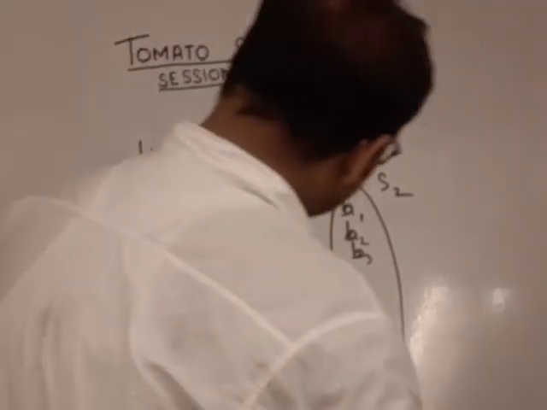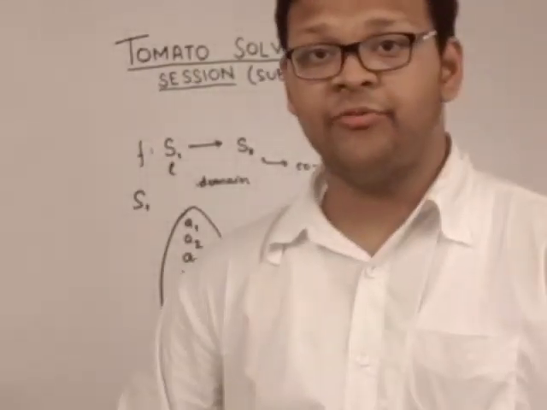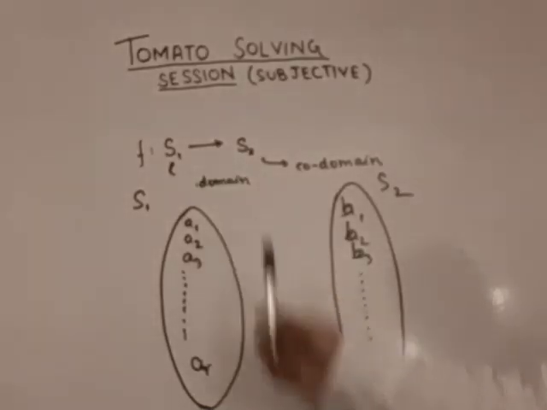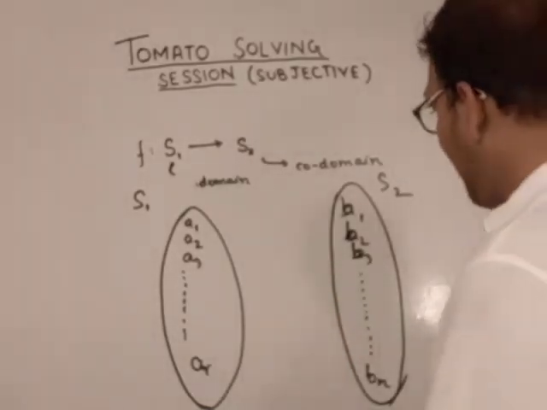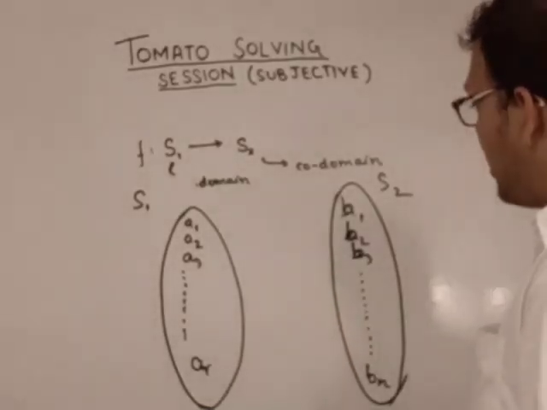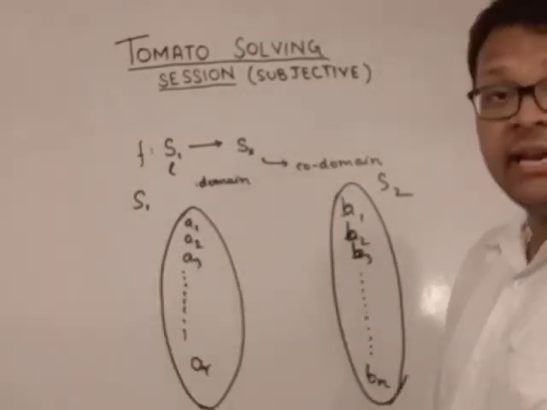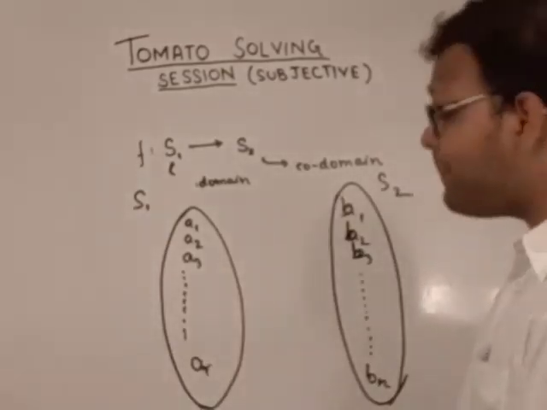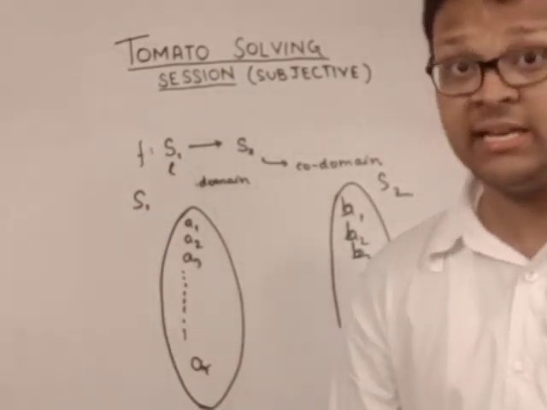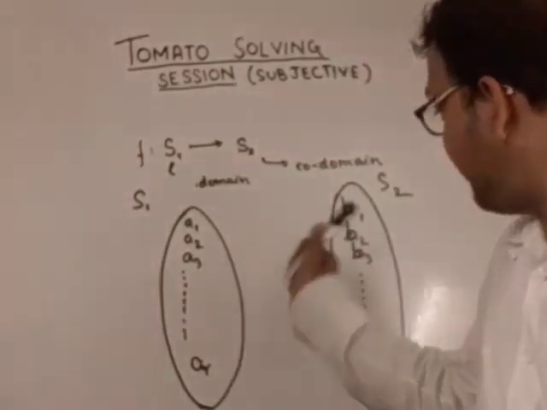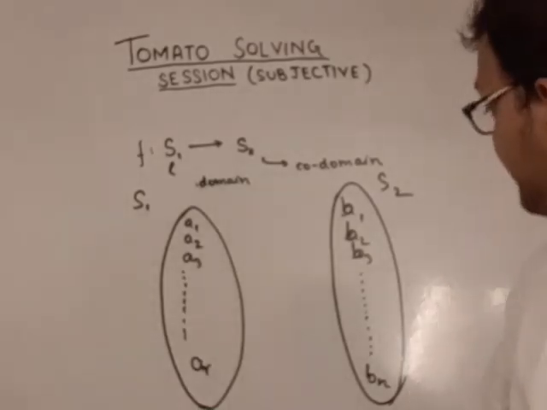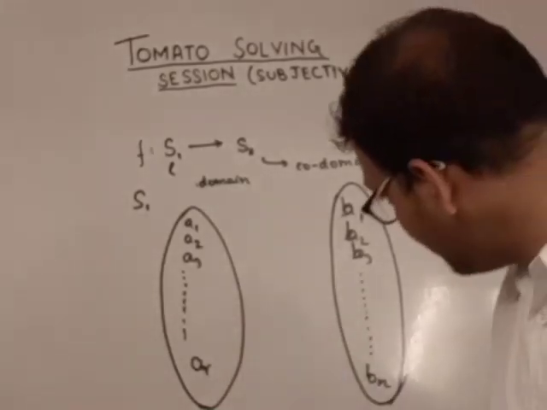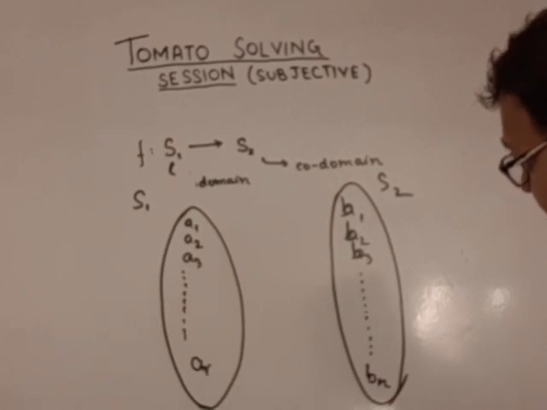So the problem of finding the number of onto functions is basically finding the number of onto maps. The mapping is onto, so for B1 there must exist an Ai, at least one Ai. More than one might be possible, but there must exist at least one. For B2 it's the same case, for B3 the same case, and up to Bn it's the same case.